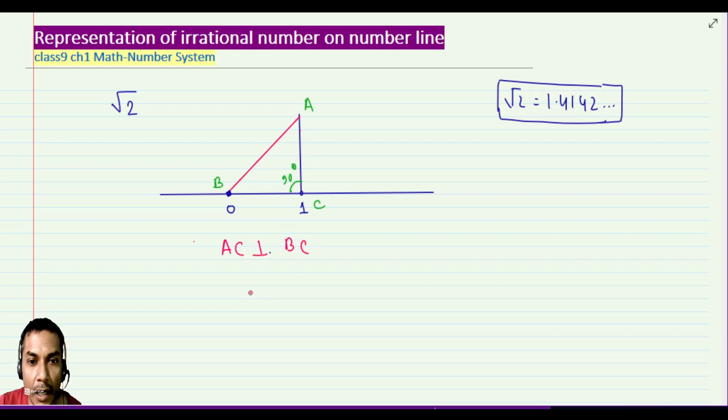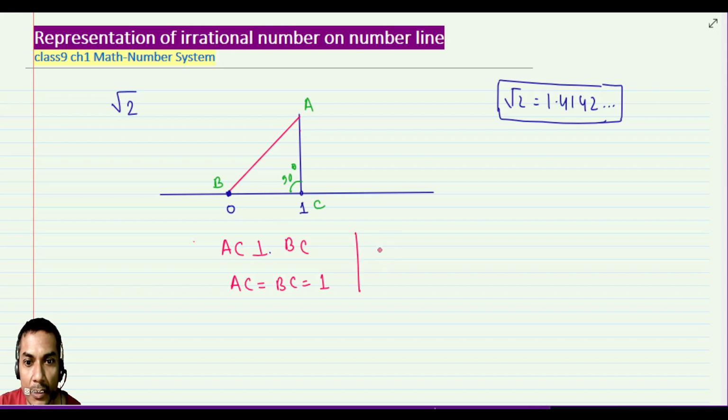Also we draw this vertical AC line so that AC is equal to BC, which is equal to 1. Clear. So it is 1 and it is also 1.